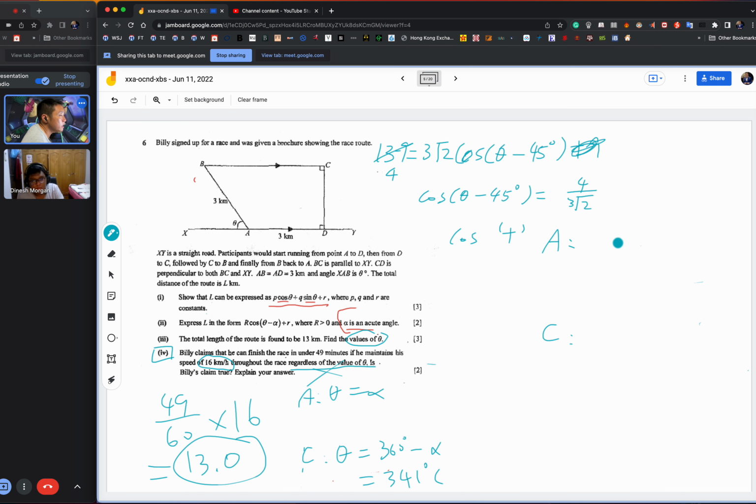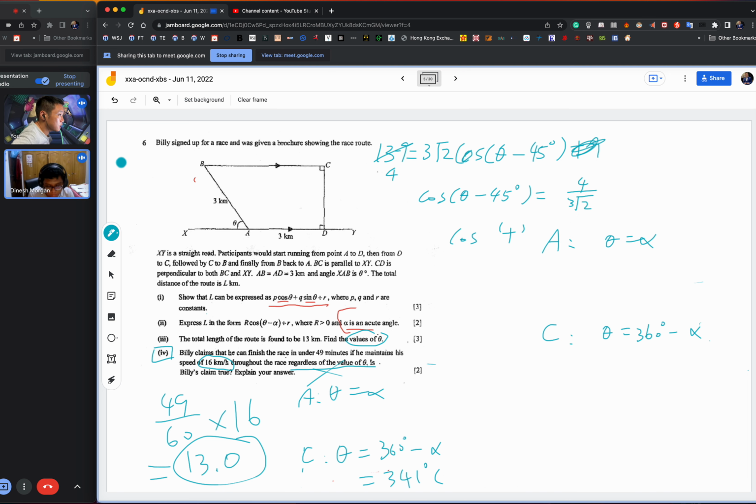So region A is theta equals alpha. Then this is theta equals 360 minus alpha. Okay, this is good. Can you use a calculator and help me double check cosine inverse of 4 over 3 square root 2? Okay.